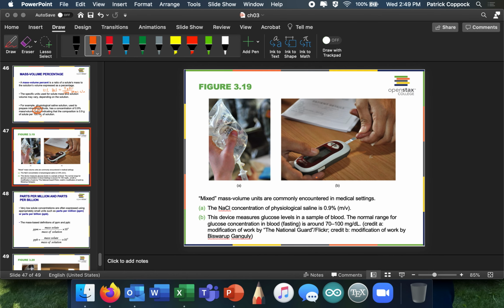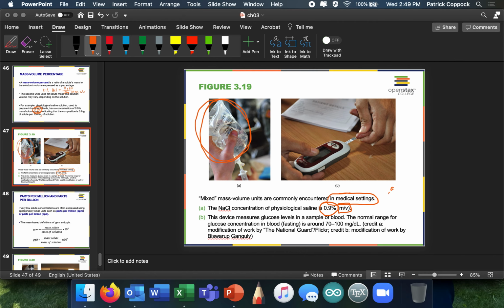Now, it turns out that we have mixed concentrations that are often used in different settings, just because it's convenient for them. For example, if a nurse is going to hang saline solution so that your blood volume doesn't get too low, and put this in a port in your arm or your neck, we're going to use saline solution, which is 0.9%, and it's a mass per volume.